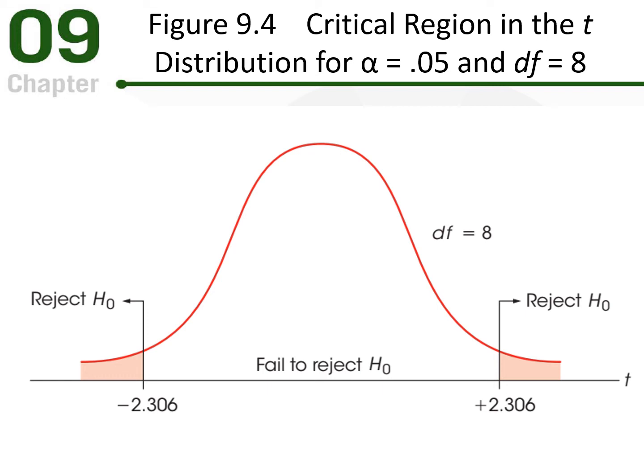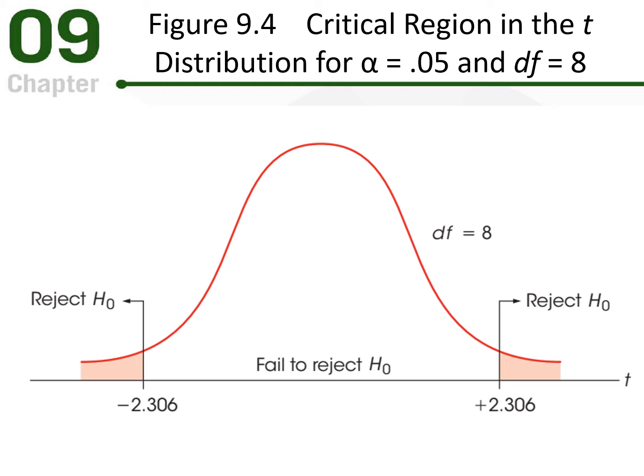And because the tails are thicker, look at the critical values. The critical value is 2.306 at an alpha of 0.05. It's also negative 2.306, so this is non-directional. It's two-tailed. If this was a normal distribution at 0.05, the critical value would be 1.96 and negative 1.96. So you can see that 2.3 is a lot bigger than 1.96.